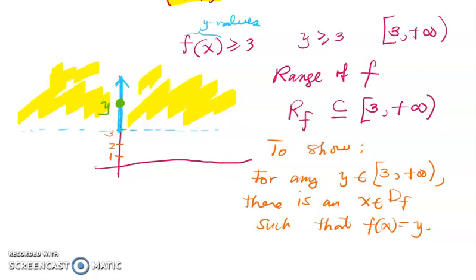We need to find an x on the x-axis such that the image, or the output, of that x is this point here. So there should be a point on the graph, with coordinates x, f of x. The input is x, and this is our output.